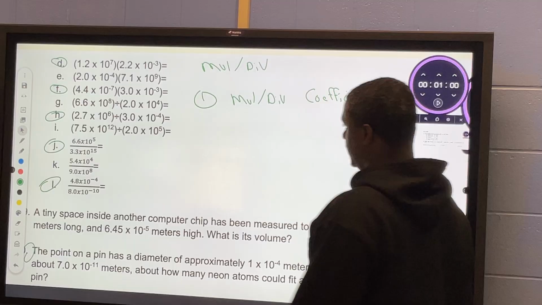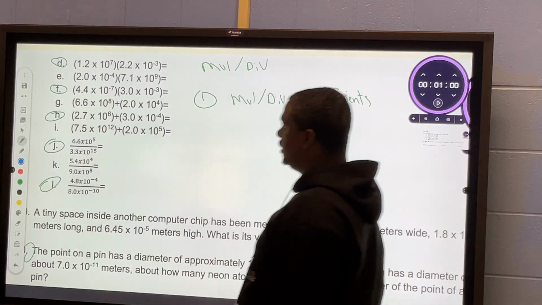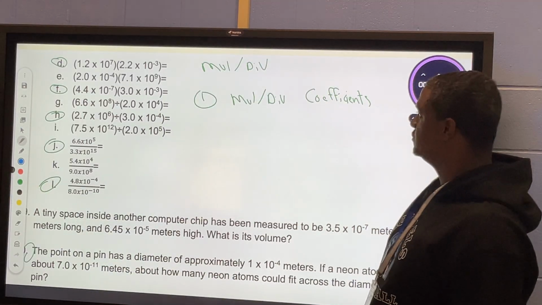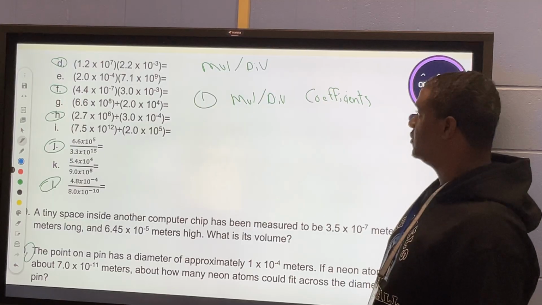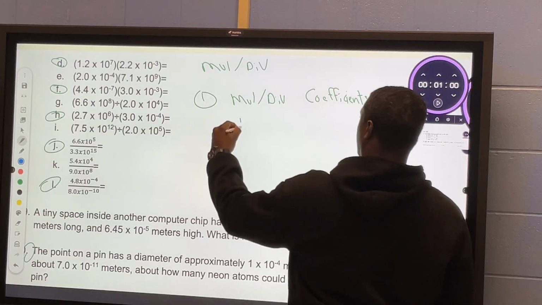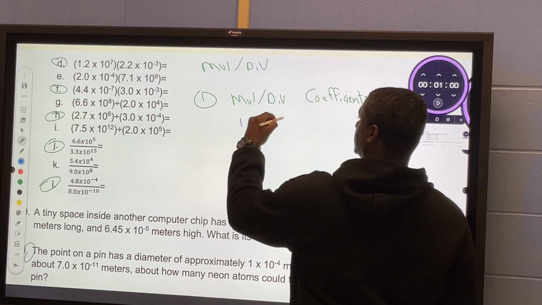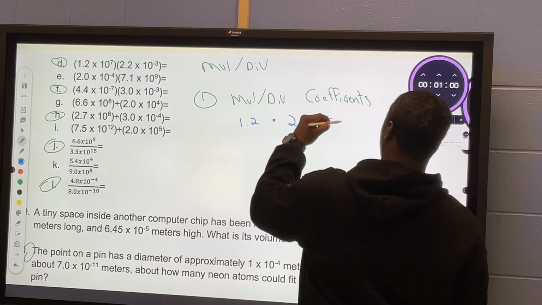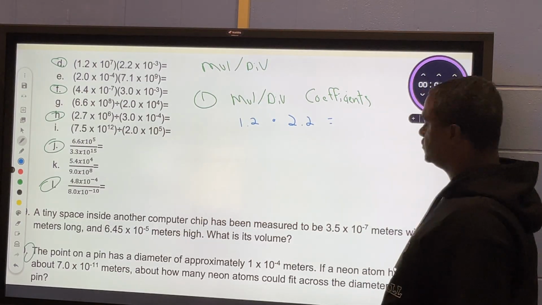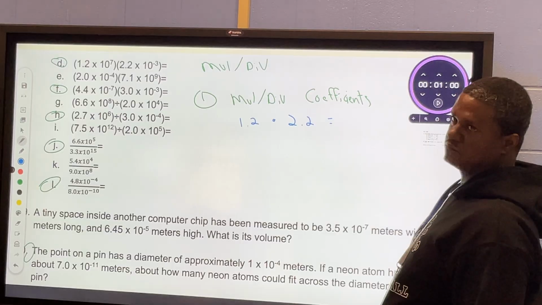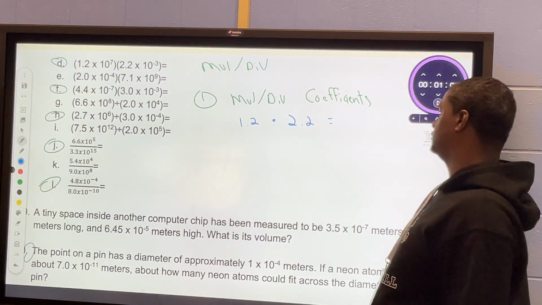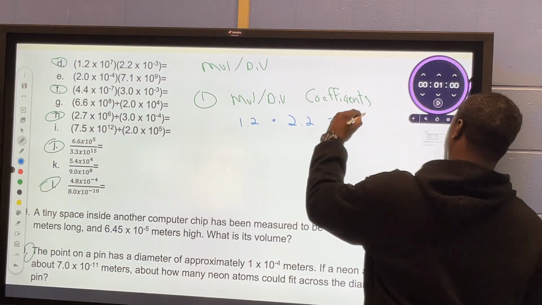So let's take D. What are my coefficients for D? 1.2 and 2.2. So 1.2 times 2.2 equals what? 2.64.